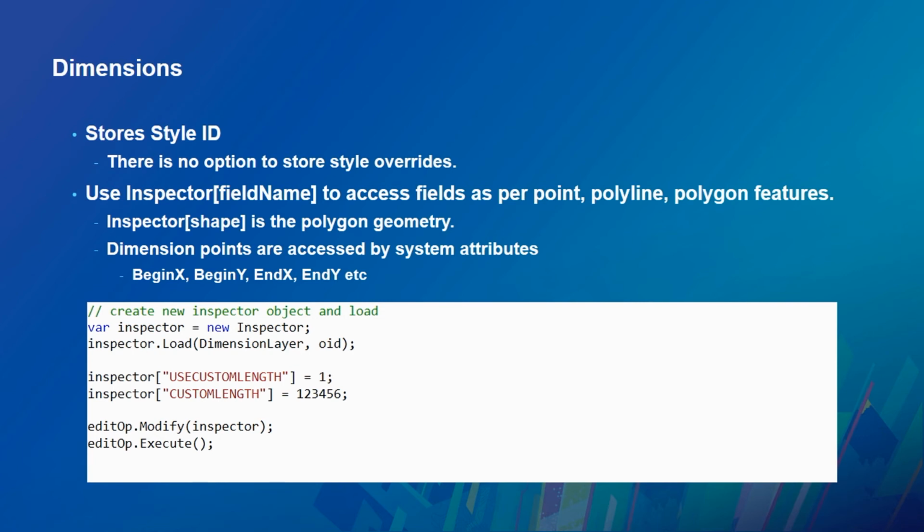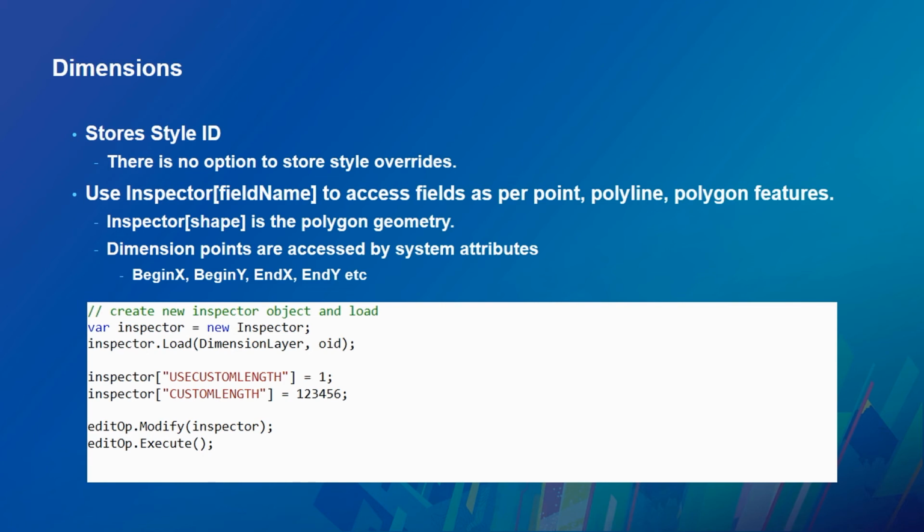Again, unlike annotation, dimensions actually have a lot of system fields. So when you do a conversion from a 10x dimension feature class, all of the fields that were system fields in ArcMap are still system fields in ArcGIS Pro. For that reason, you can use the inspector field name paradigm. We don't have a dimension properties class because there really wasn't a need to introduce one.